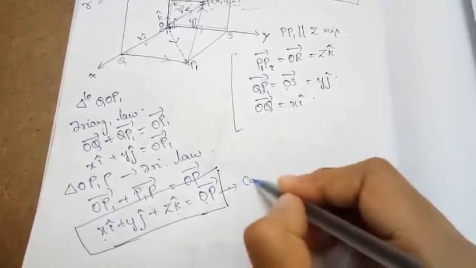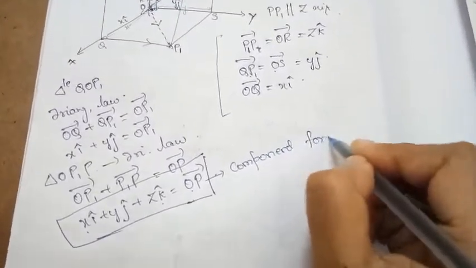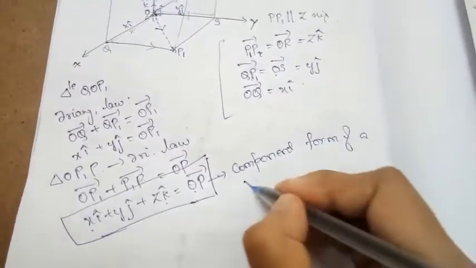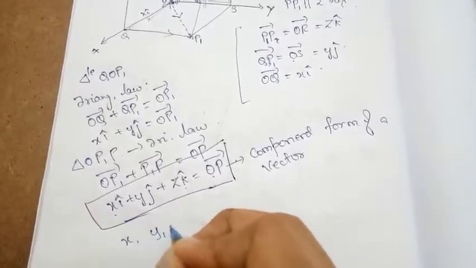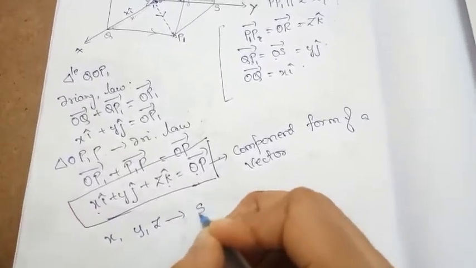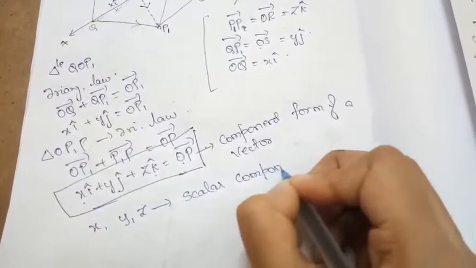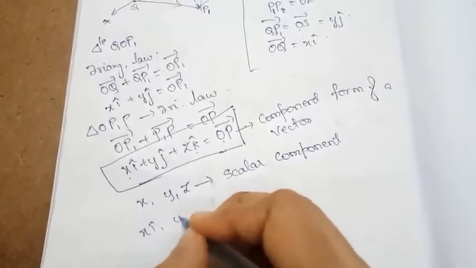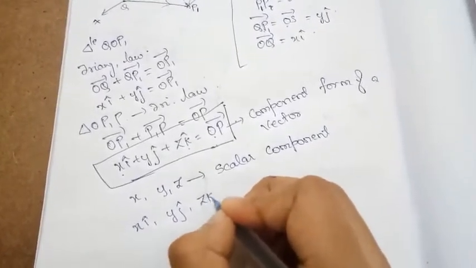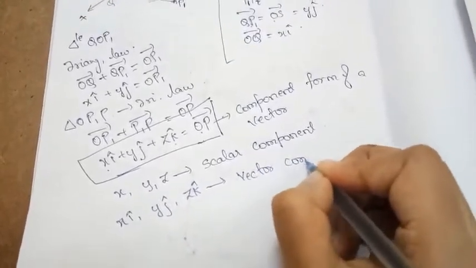This is nothing but the component form of a vector, where x, y, z are called scalar components, and xi cap, yj cap and zk cap are called vector components.